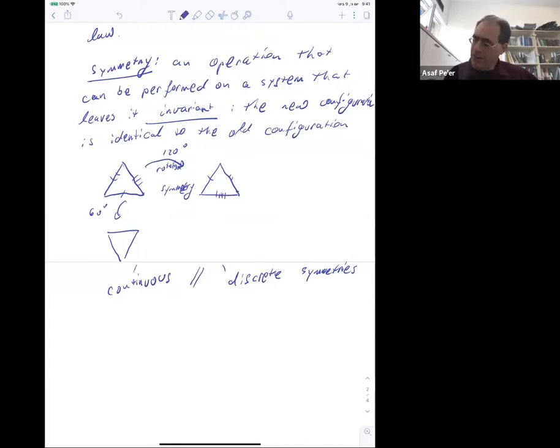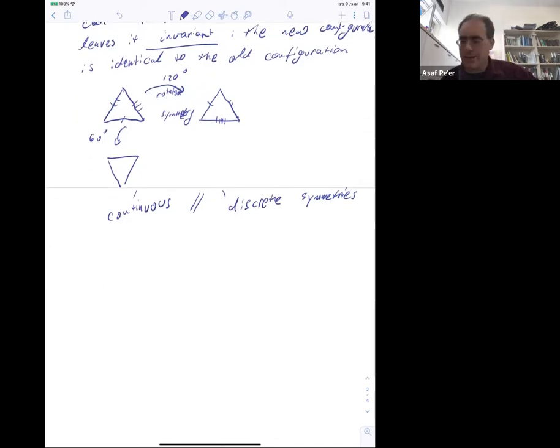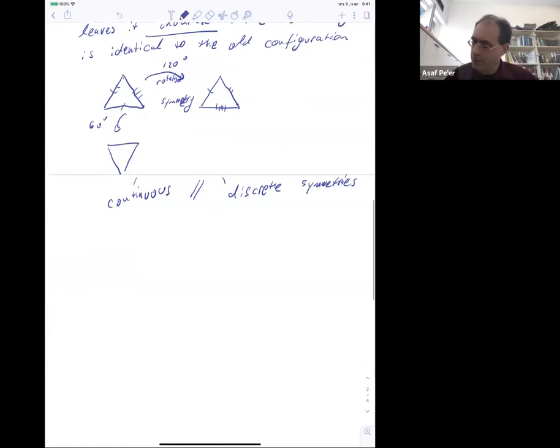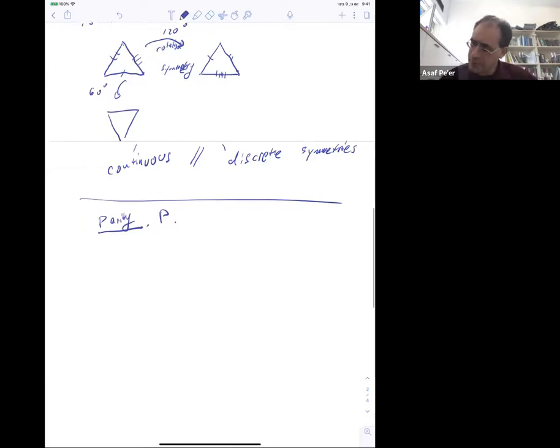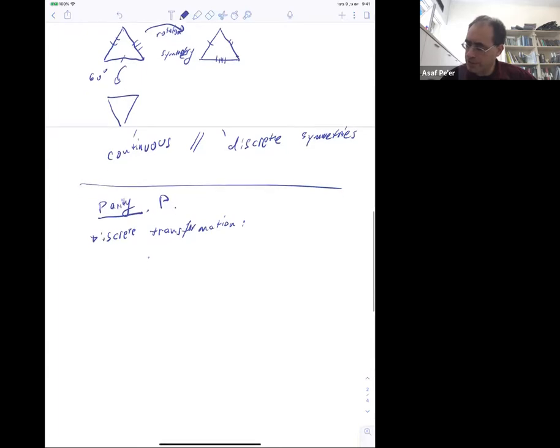Okay, so today I want to speak about two such discrete symmetries. One is called parity, and one is called charge conjugation. So let's speak about parity first. It's called P. That's an operation, a discrete transformation that acts on the coordinates, inverting the spatial coordinates.